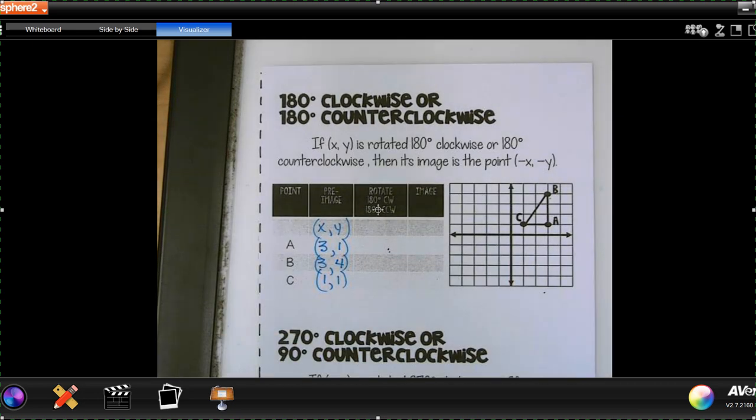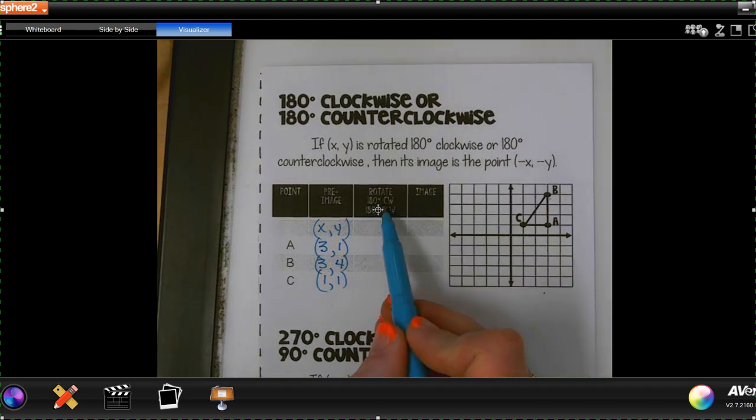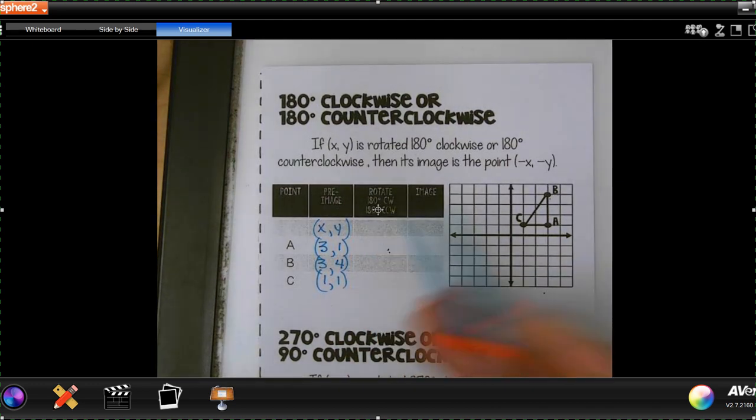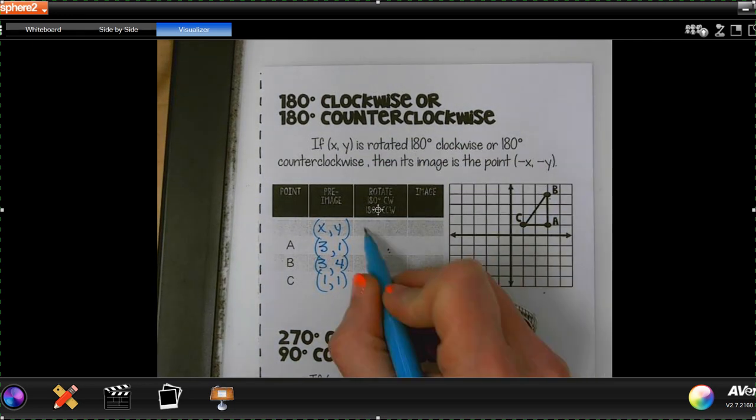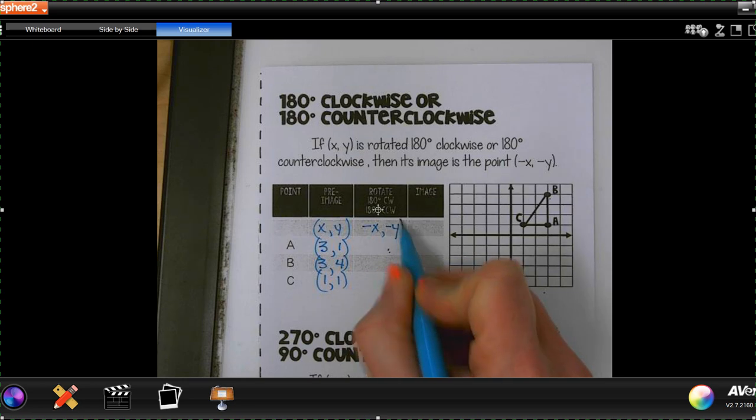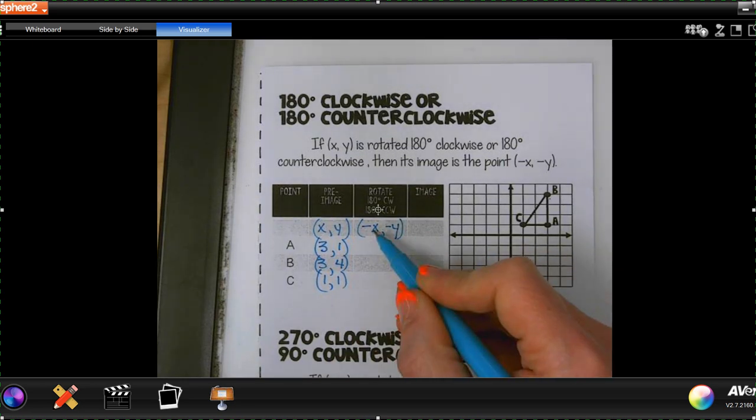So we don't have to mess around with getting different ones. We have the same shape, same triangle that we're going to rotate. All right, so it doesn't matter if we're going counterclockwise or clockwise. If you think about it, 180 degrees is half a circle. So this time, all we have to do is change everything to its opposite.